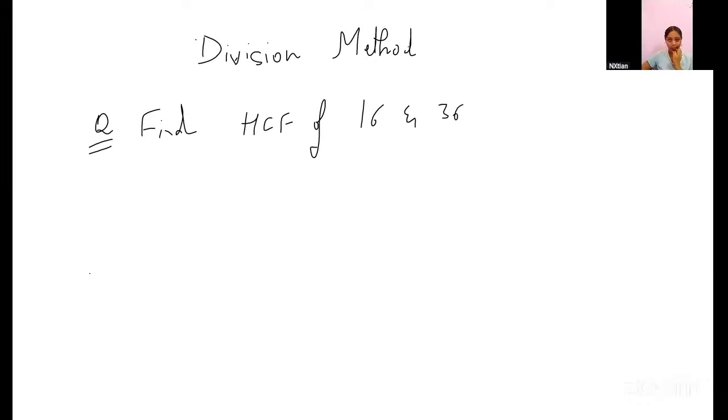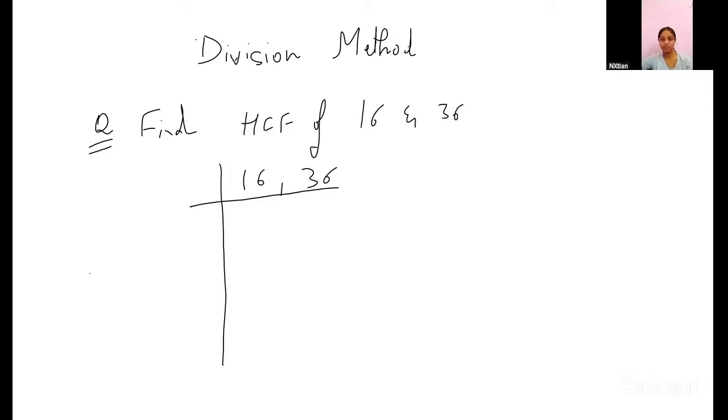Now, see, first method was prime factorization. You were doing prime factorization, and then making pairs and then taking out the common. But in this method, we will not do separately, but we take them together. 16, 36.